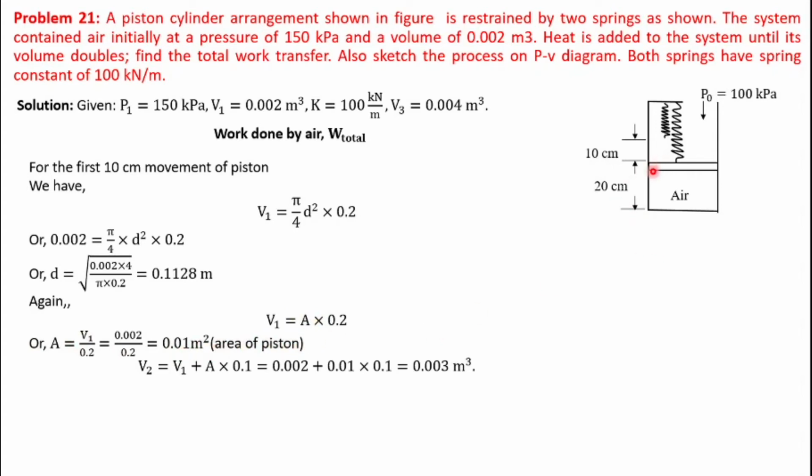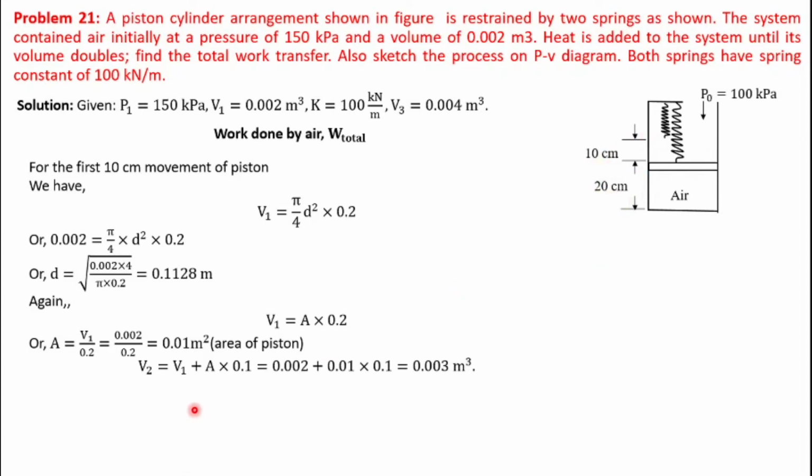Now when the piston moves from this state to this state, that is when it moves 10 centimeter above, what will be the volume at state 2? The volume will be the cross section area of the piston into the total height up to here, that is 10 plus 20, that is 30 centimeter.